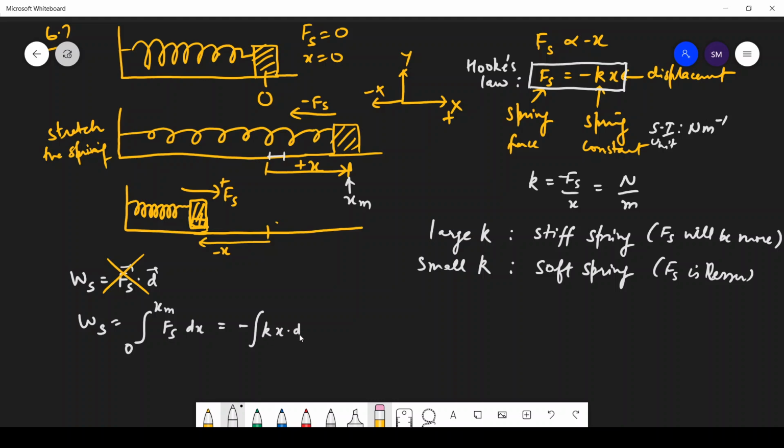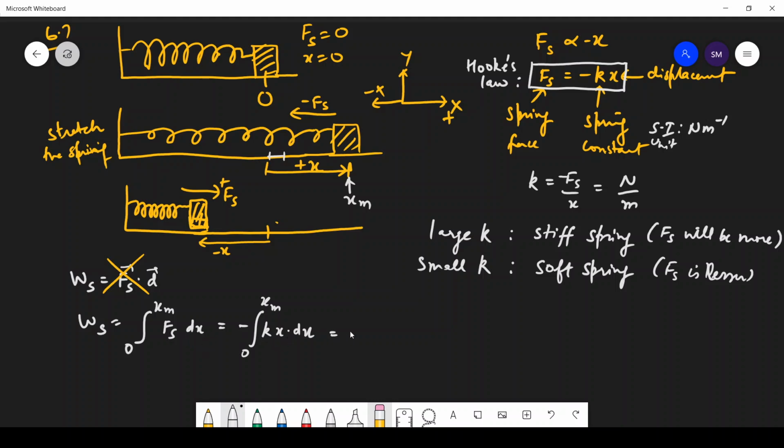Since the force and displacement are in opposite directions, we have the negative sign here. I have not written negative separately because I have already taken this effect into Fs. That is why I have written Fs into dx.